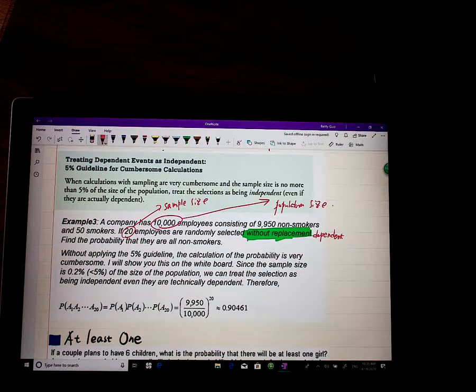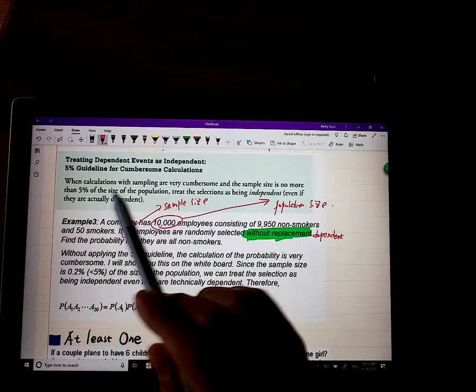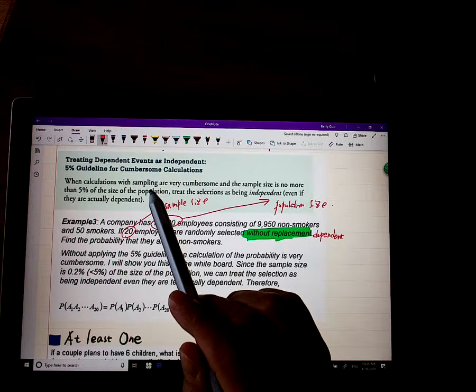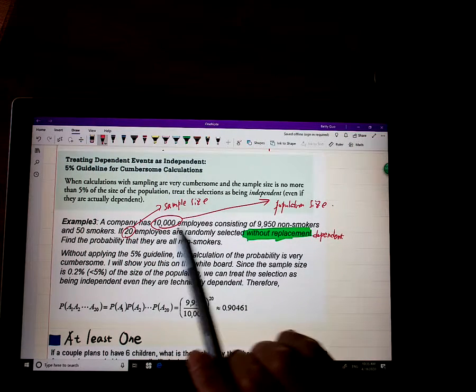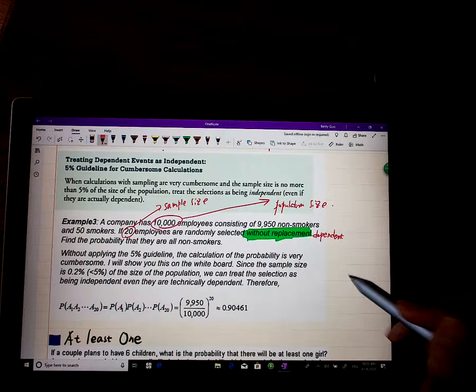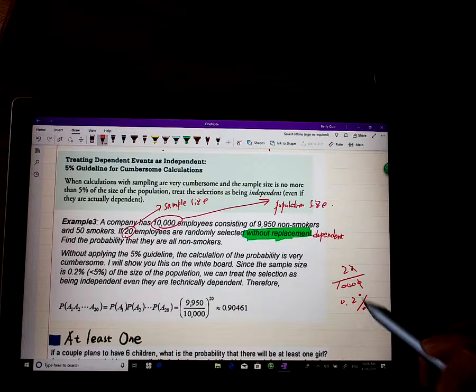So let's see how we do that. First, we need to check, is the 5% guideline applied? We need to find the ratio of the sample size and the population size. 20 divided by 10,000 gives us 0.2%.